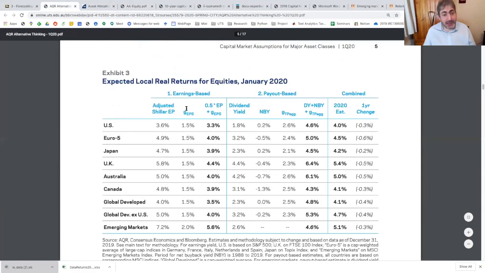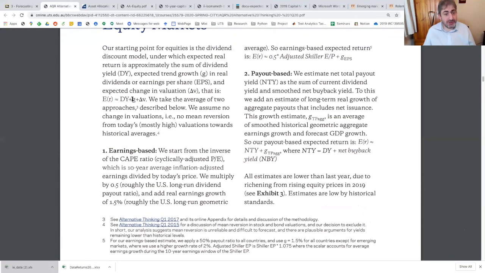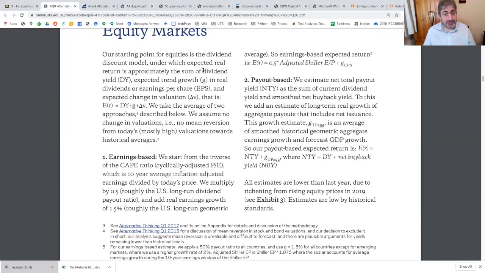Now, AQR also say that the equity return is the yield plus the expected growth plus the expected valuation change, okay?